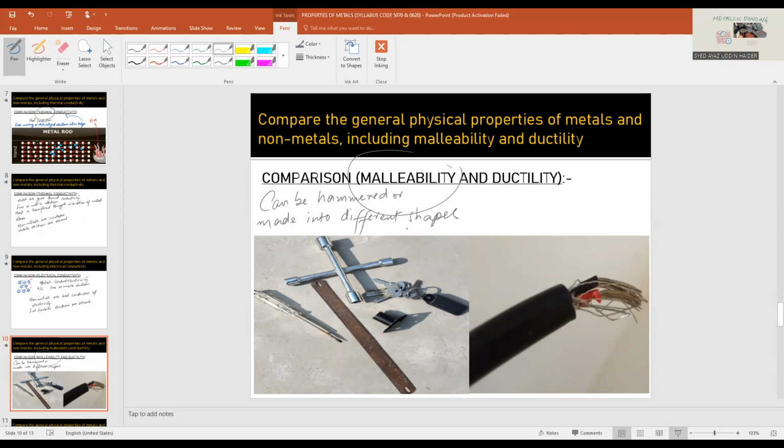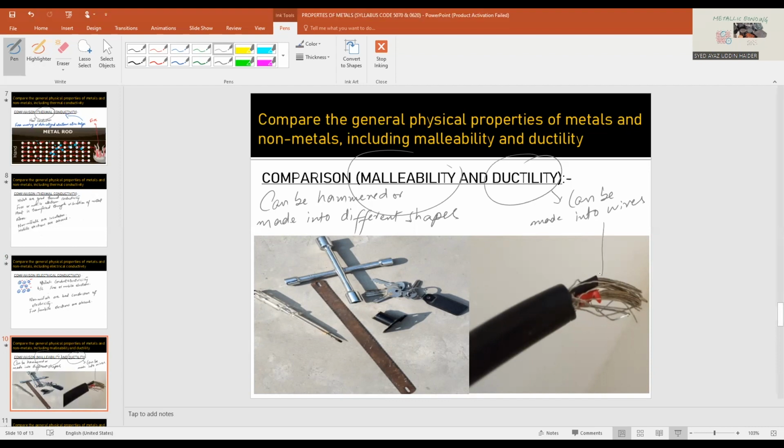Ductile means can be made into wires. Now, metal atoms have this tendency: if you hit them, they slip or slide over one another.